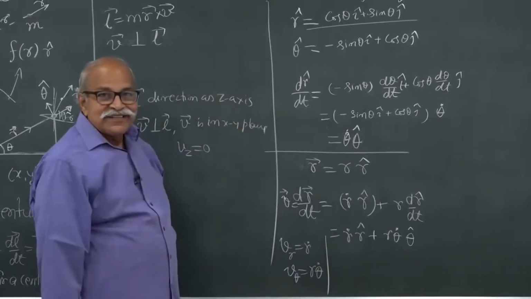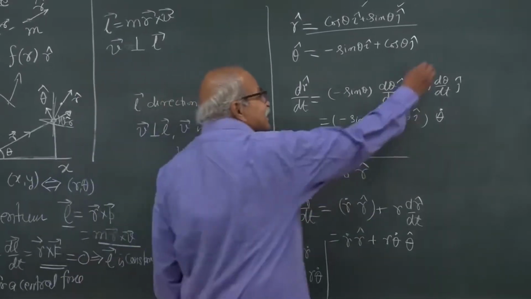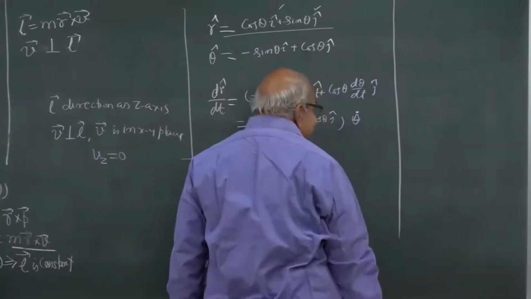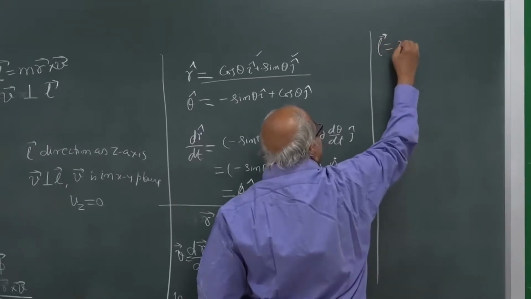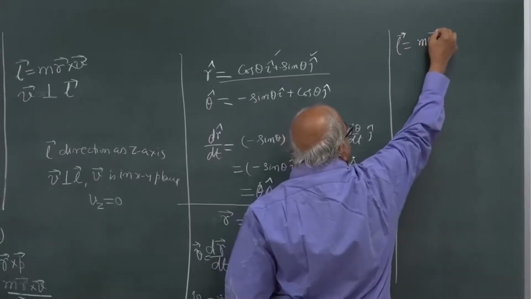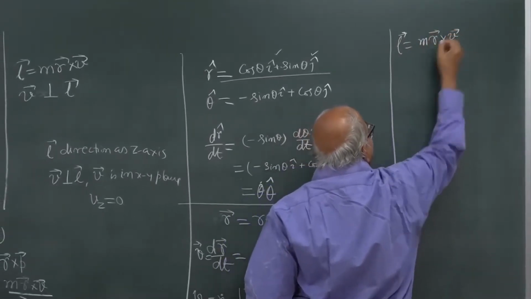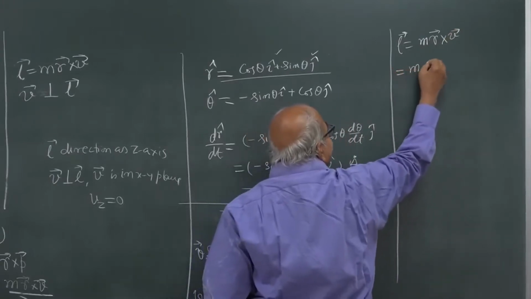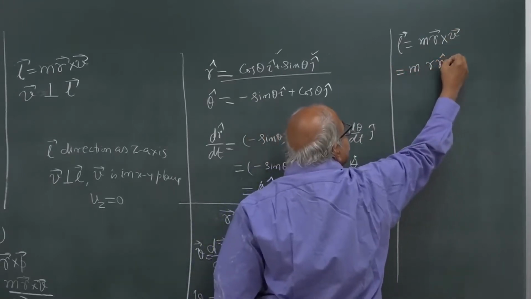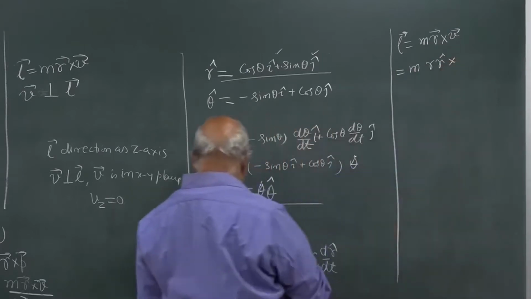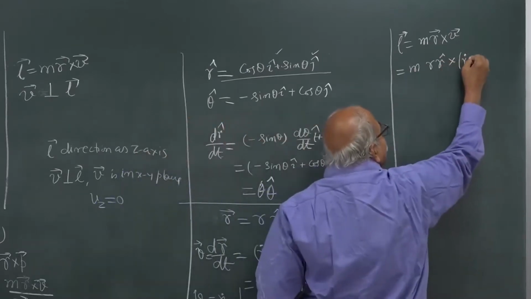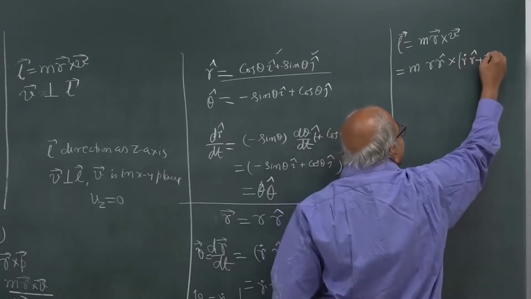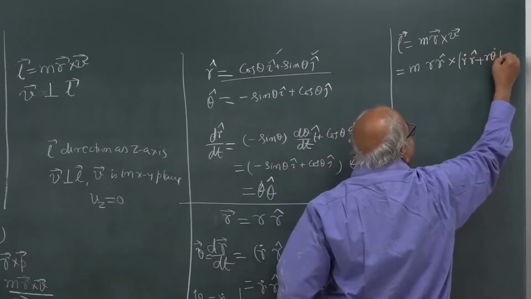You can write an expression for this L, which is m times r vector cross v vector, and r vector is r r cap, and then cross v vector is r dot r cap plus r theta dot theta cap.